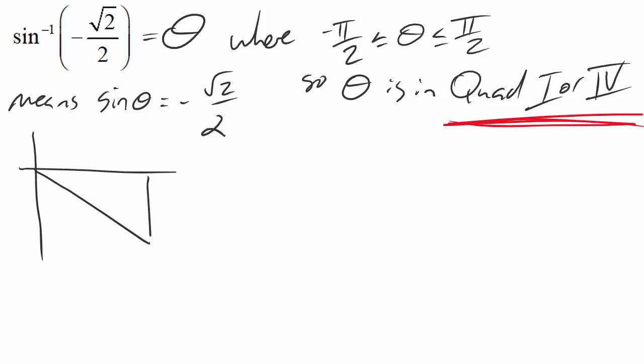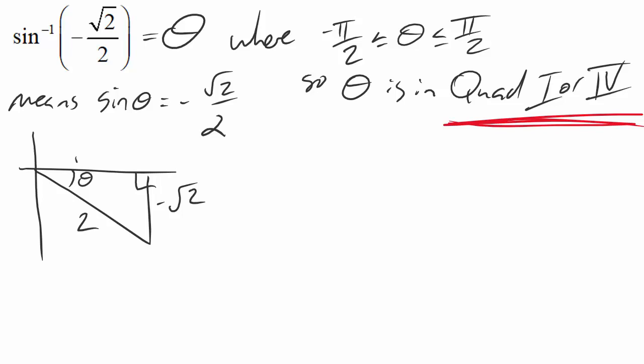So here's our right triangle in quadrant 4. Here's our reference angle for theta. Remember, sine is the opposite over the hypotenuse, so that'll be a negative square root of 2 for the opposite side, and the hypotenuse will be 2.